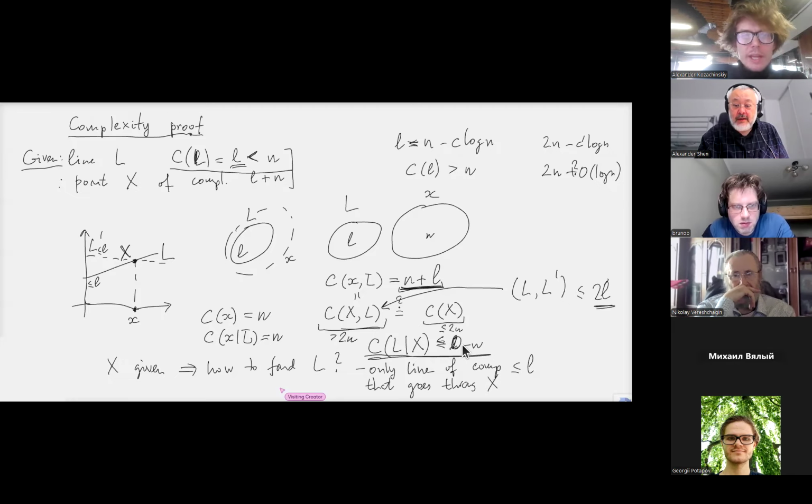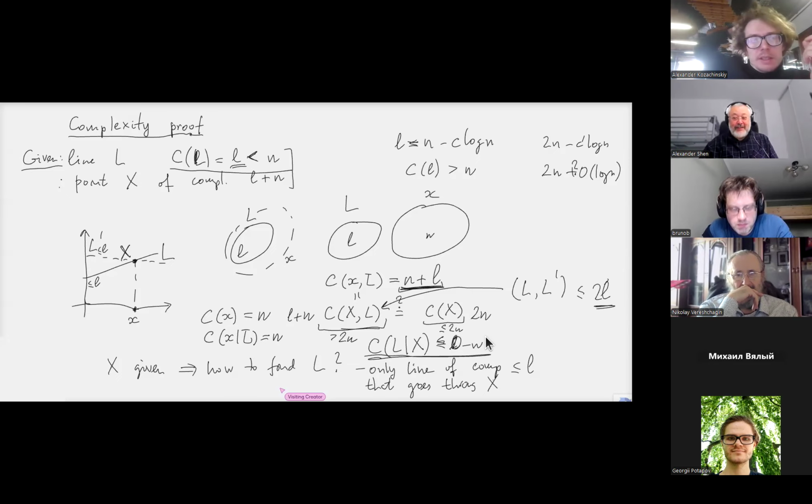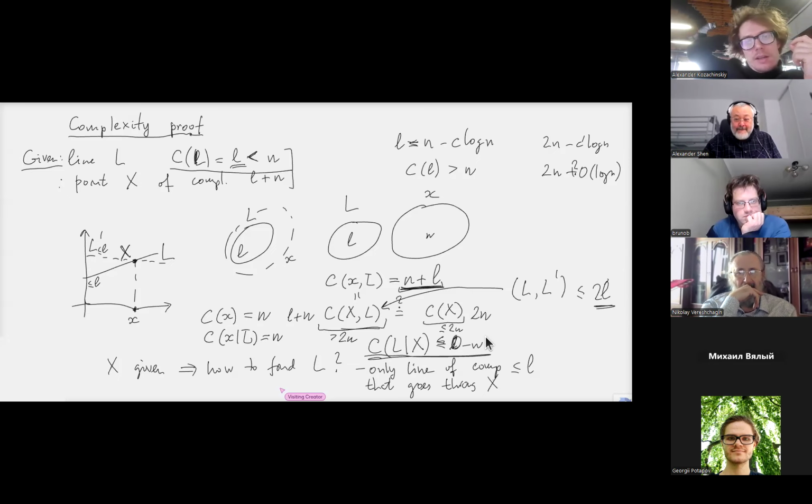Because you have 2L. So the complexity of XL is n plus L, and the complexity is 2n here. So the difference should be L minus n actually. We need not show that it is 0, but show the bound L minus n.